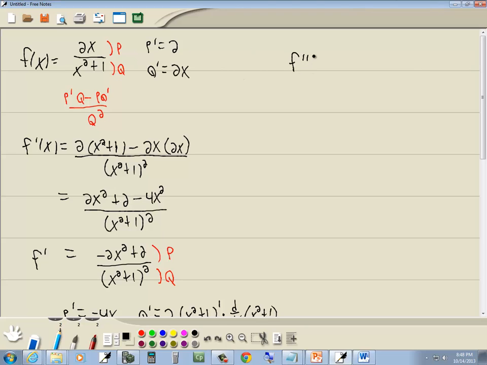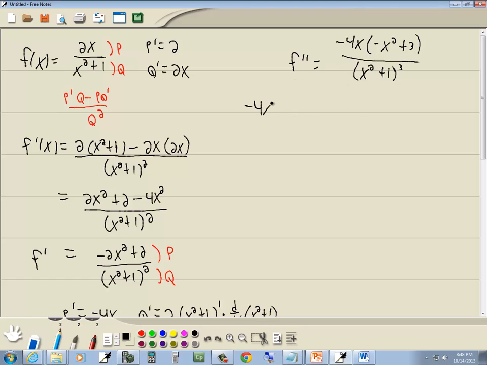So we just said the second derivative is equal to negative 4x times negative x squared plus 3 over x squared plus 1 to the 3rd power. Now I want to find our critical values, so we're going to set the top part equal to 0 and the bottom part equal to 0.